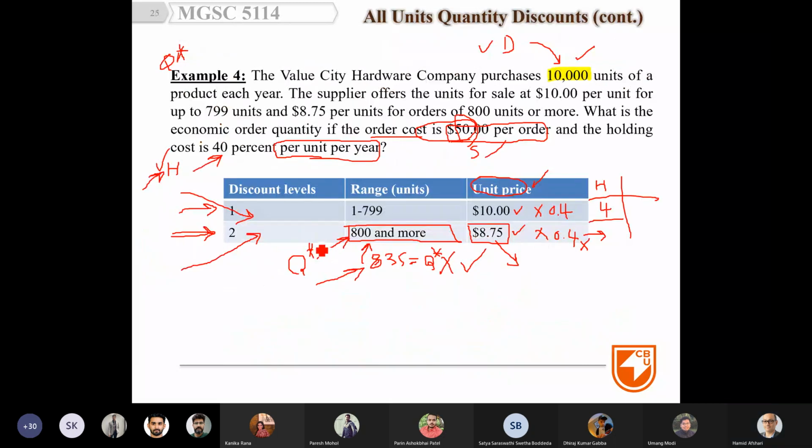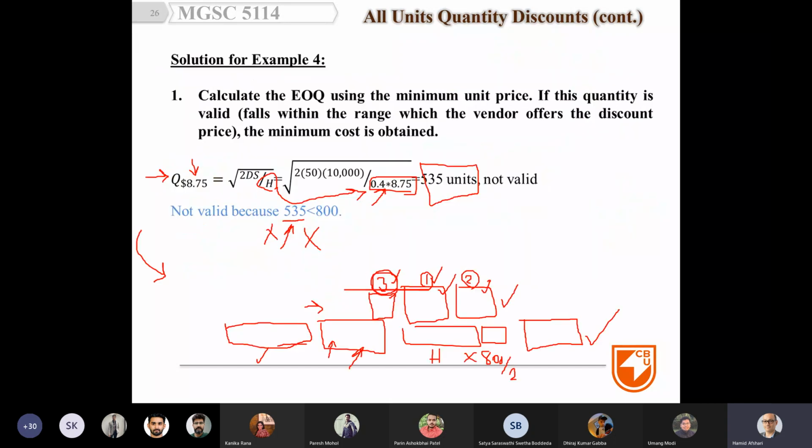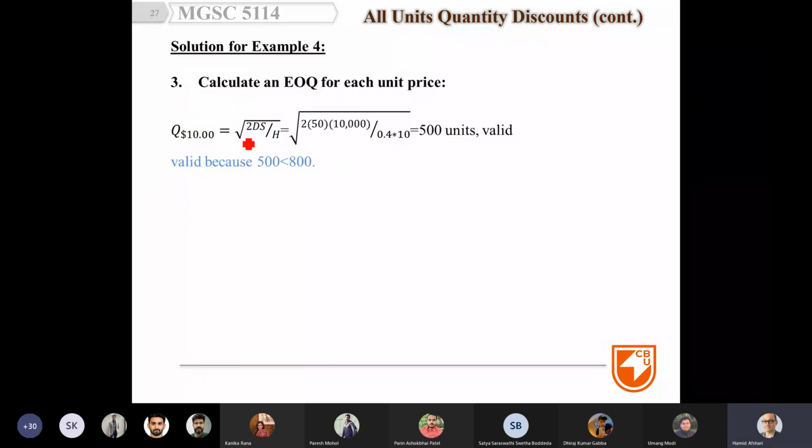Everybody agrees? I have to also calculate everything I have done so far for the first discount unit, to see which one makes the total cost cheaper. Okay, if I do that, what do you see here?